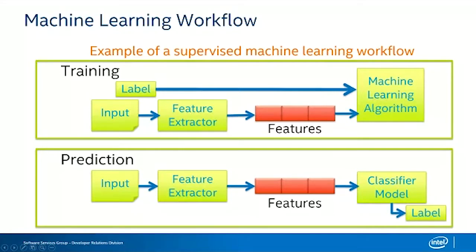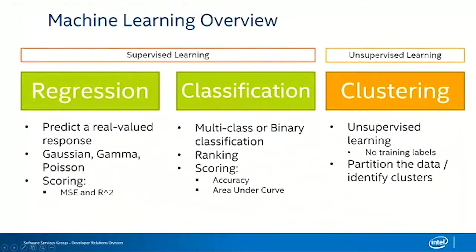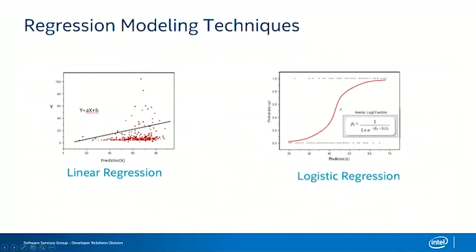So there are a number of mechanisms by which you can actually do this regression, classification, and clustering. Some of this is supervised learning, and the other is unsupervised learning. This is an example of linear regression and an example of logistic regression, right? So this is a sigmoid function that I mentioned earlier that caps the output of the neurons between 0 and 1.